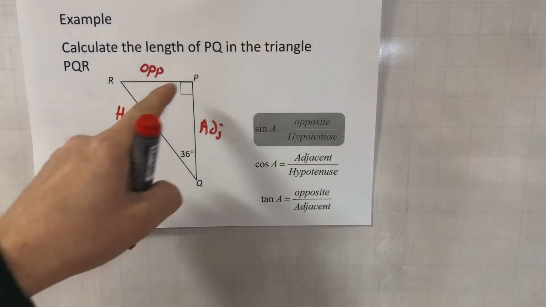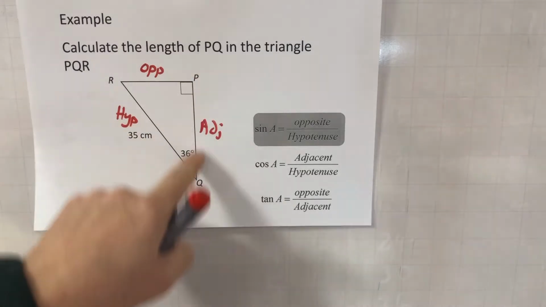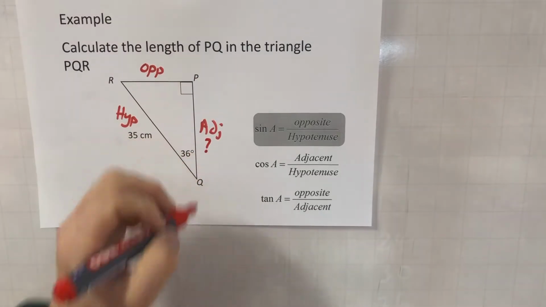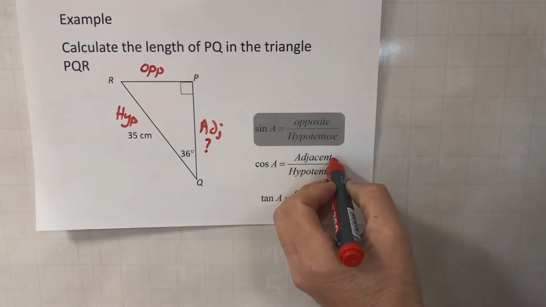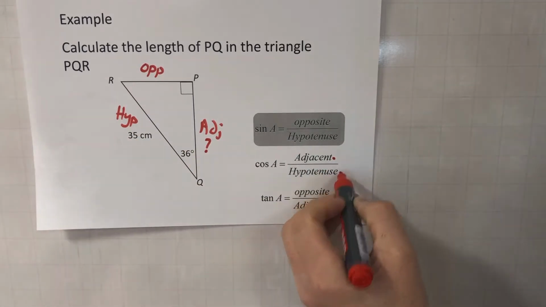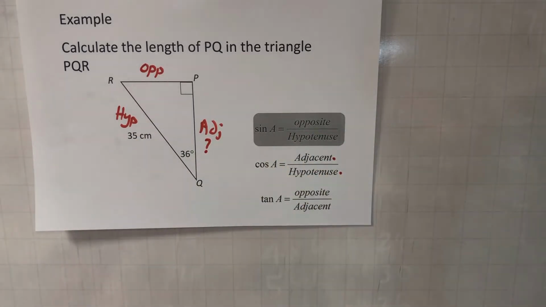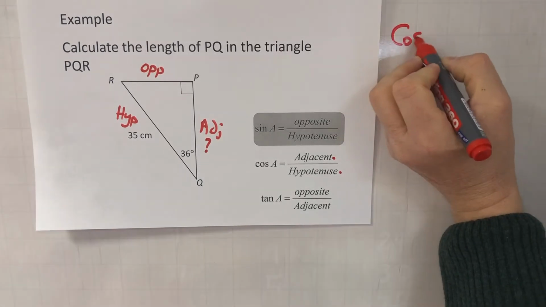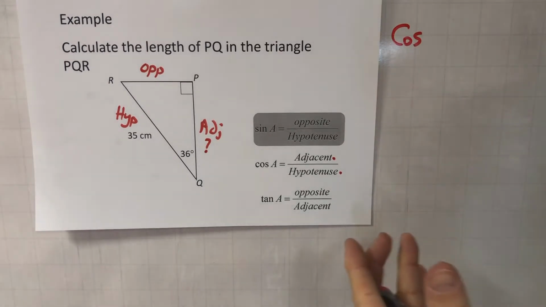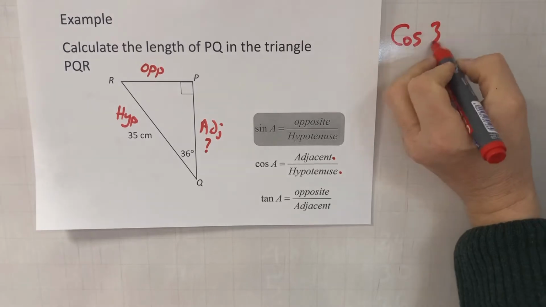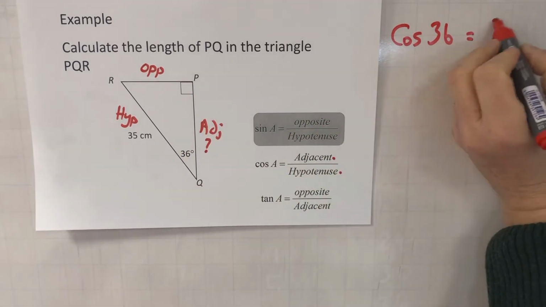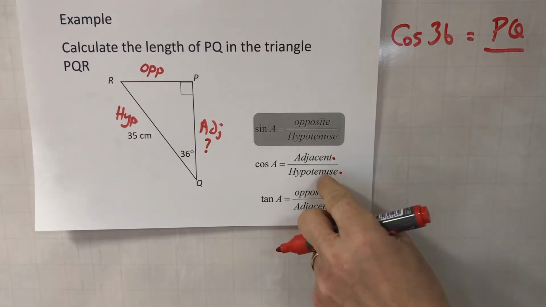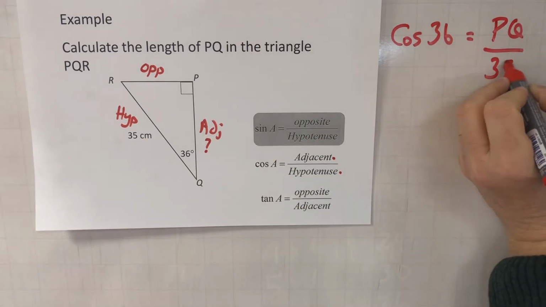The question is asking for PQ. PQ is the adjacent side, so I need that, and I know that, so the one I'm going to use is cos. So as with previous work, I quote the formula, cos, the angle's 36, equals the adjacent side, which is PQ, divided by the hypotenuse, which is 35.